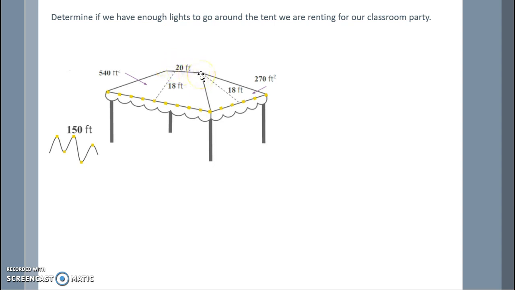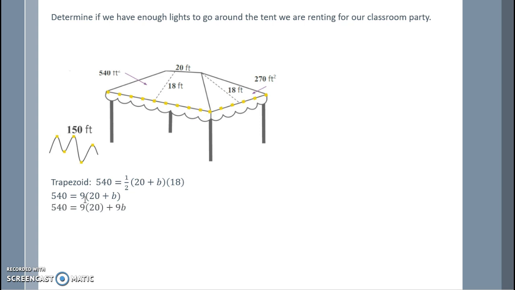One of the bases is 20 feet and the height is 18. So if we plug them into our formula, the area is 540 equals half times the quantity 20 plus b times 18. I can do half of 18, which is 9, because we know that we can multiply in any order and it's still going to give the same result.